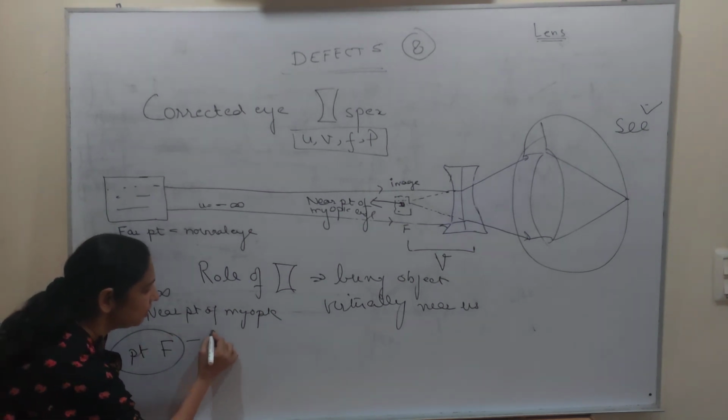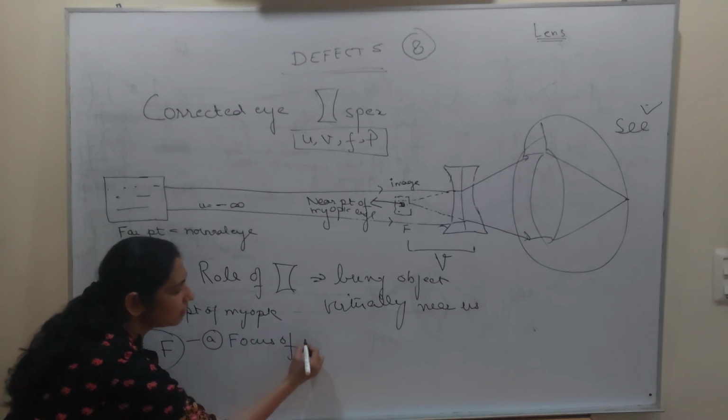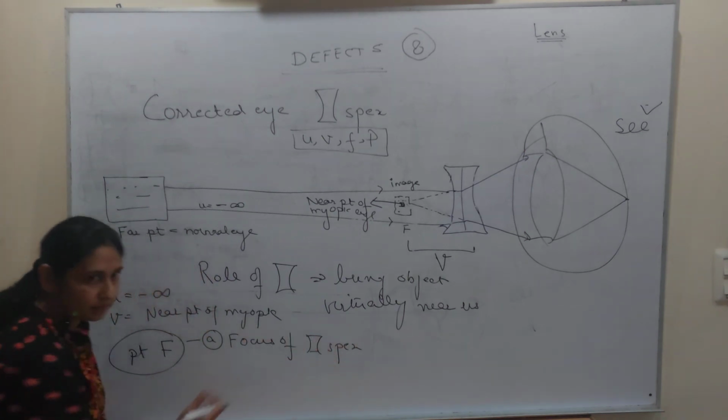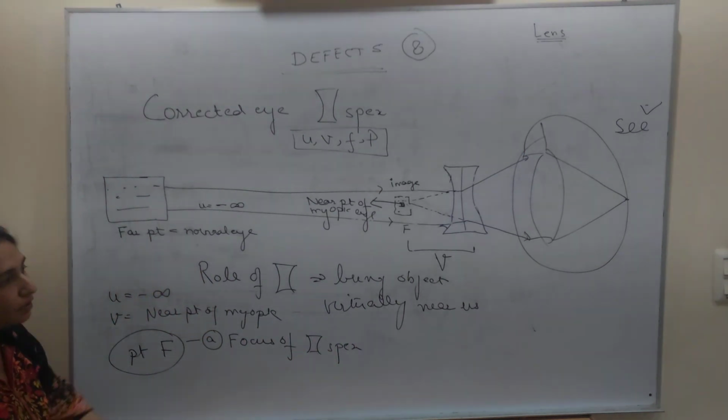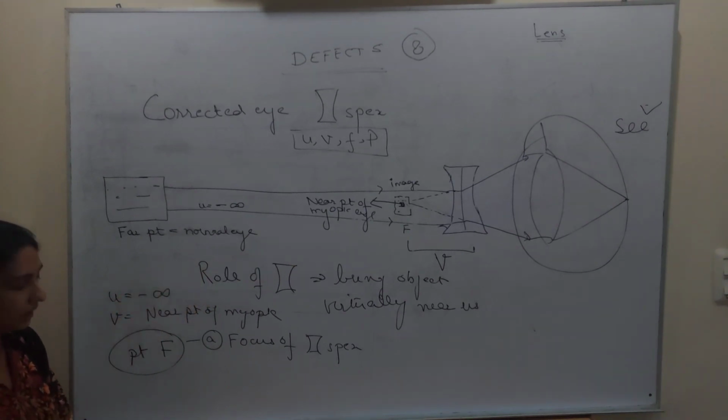First of all, it is the focus of our specs lens. This is a lens made of glass, it will have a focus. So it is the focus of the specs lens.